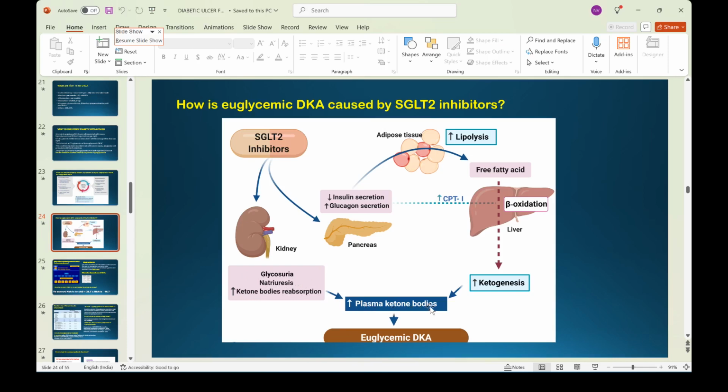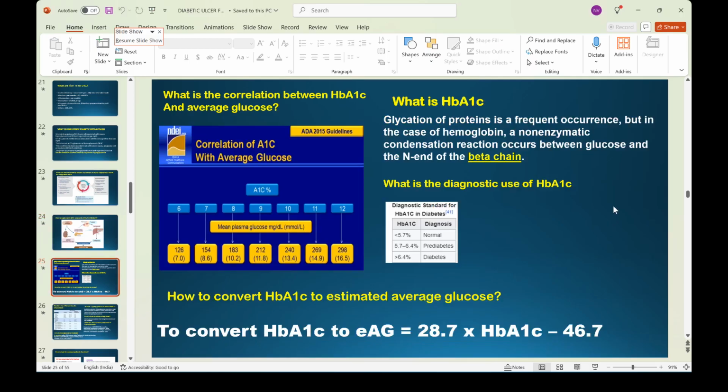And that is how the plasma ketone bodies level increases, contrary to regular DKA, where it is because of the breakdown of lipases and peroxidation of beta oxidation resulting in ketone production. So this is lipolysis, free fatty acids, and ketogenesis that also is partially responsible, but it is contributed more by the reabsorption of ketones from the urine.